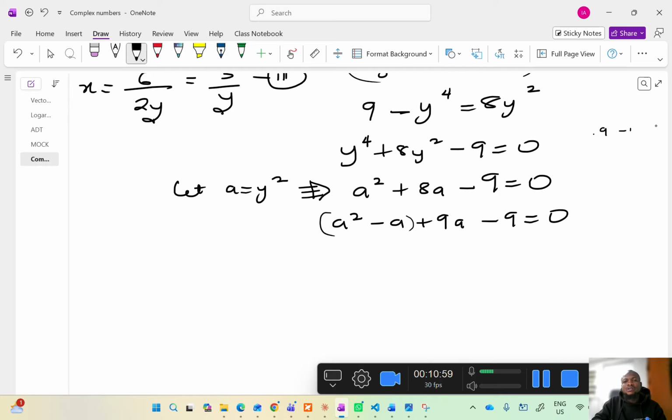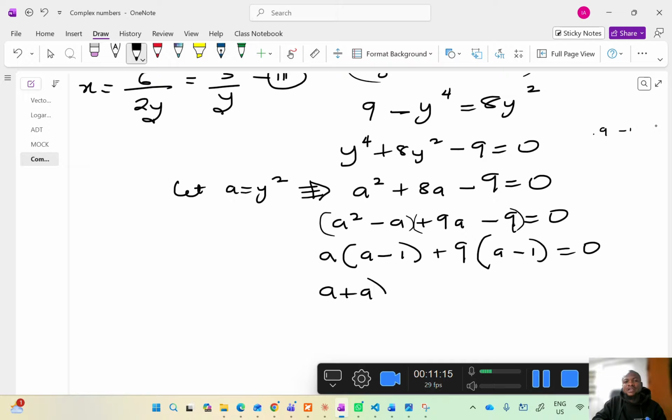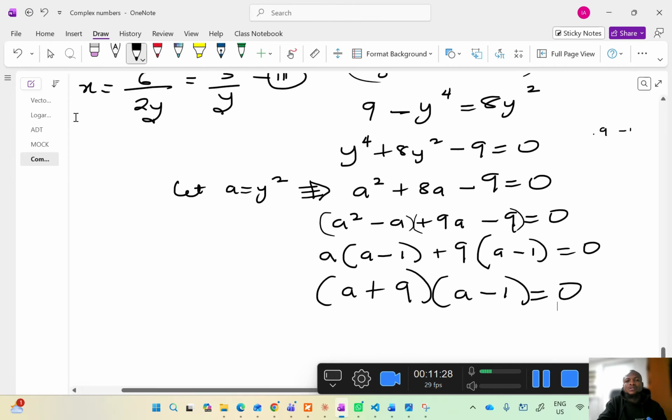At this point, using your normal factorization method, this becomes a minus 1, then plus 9 times a minus 1, is equal to 0. This becomes a plus 9. You have to be careful with the way you write your a and 9. So a plus 9 and a minus 1 is equal to 0.